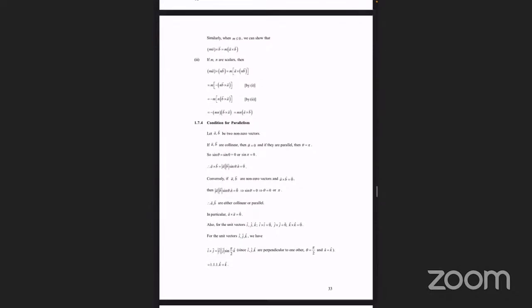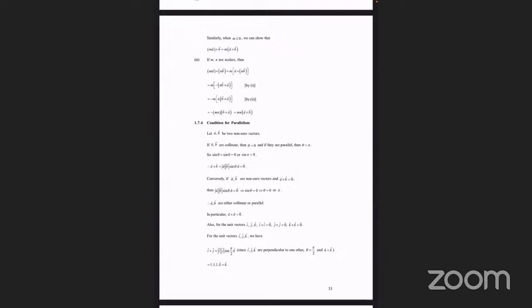In the dot product, we have seen the condition for orthogonality or perpendicularity. Here in the cross product, you will have the condition for parallelism. If A and B are collinear, then theta equals 0, and if they are antiparallel, then theta equals pi. Earlier we saw pi by 2 and also 0.